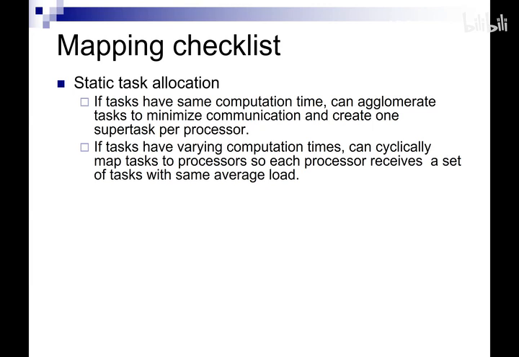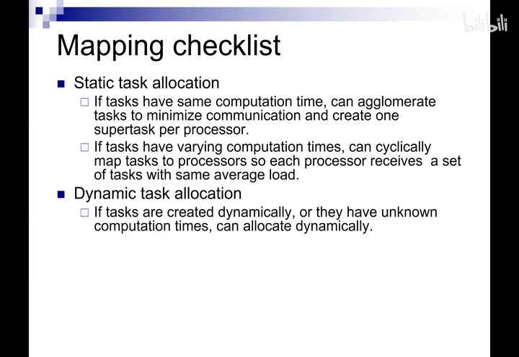So you can improve the load balancing this way. So that's static task allocation, where you have to allocate the tasks to the processors at the start of your computation.